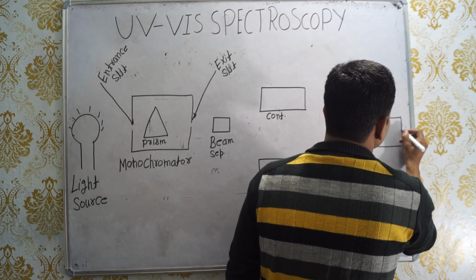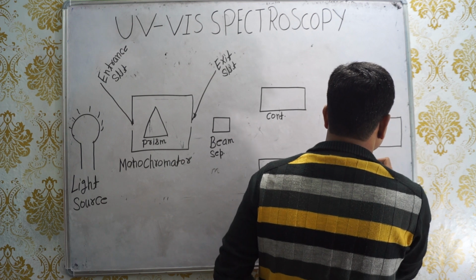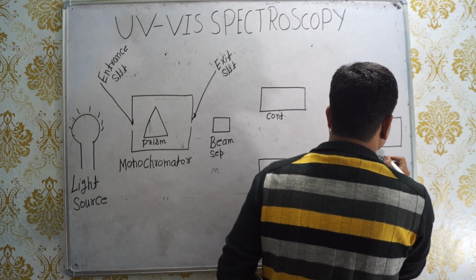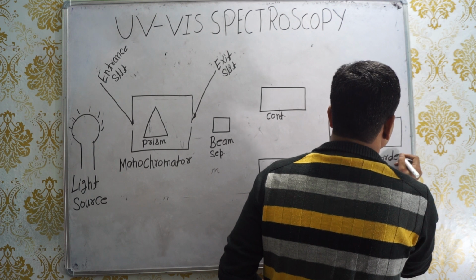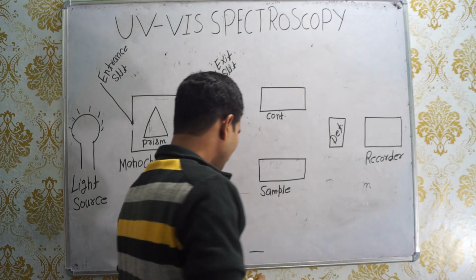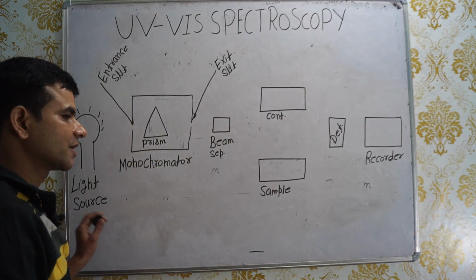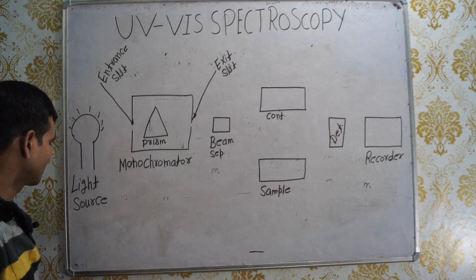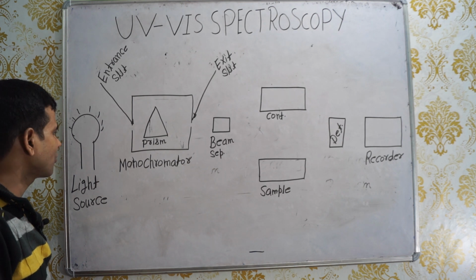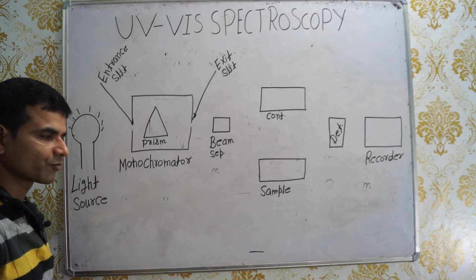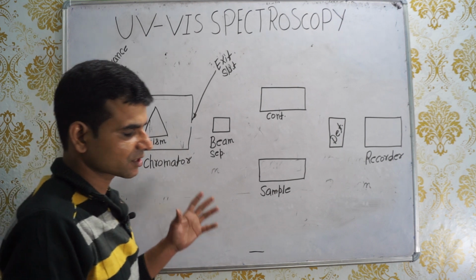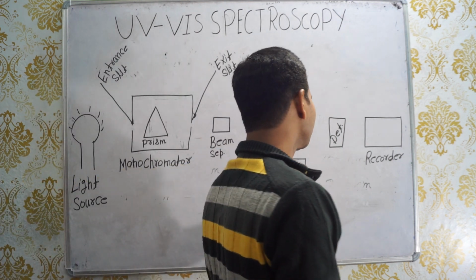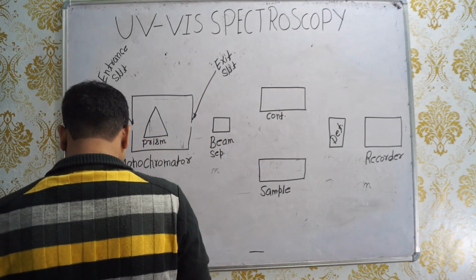This is the recorder. It is a complete setup of a UV visible spectroscopy. Now we will discuss how UV visible spectroscopy gives information about the concentration of different molecules in the solution. Let's discuss.